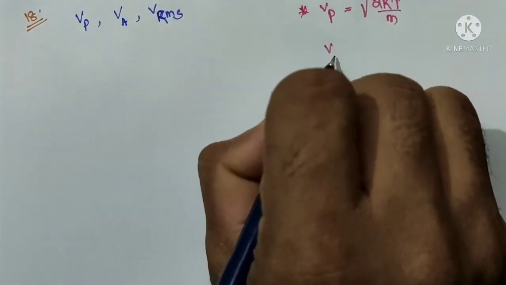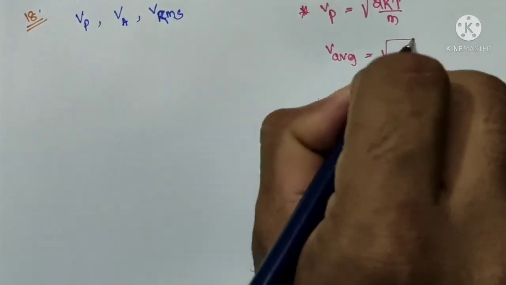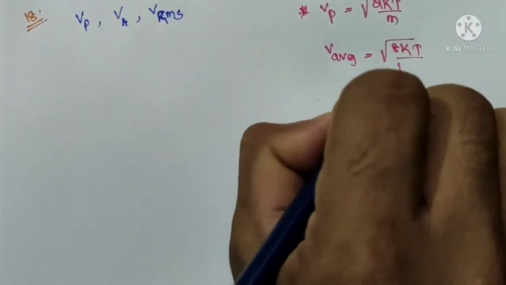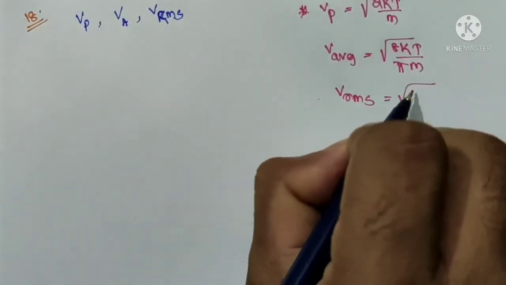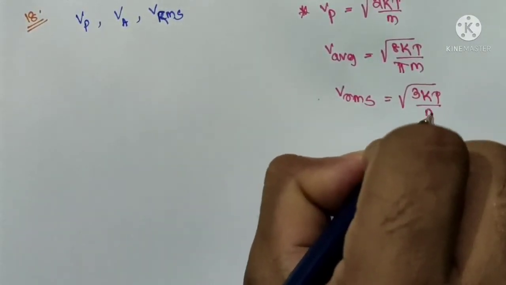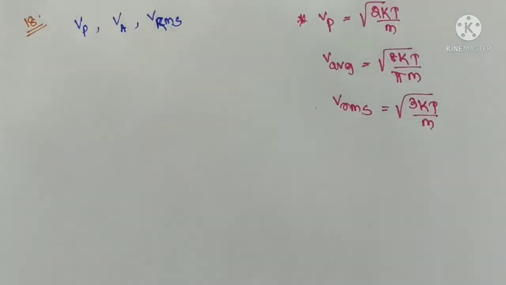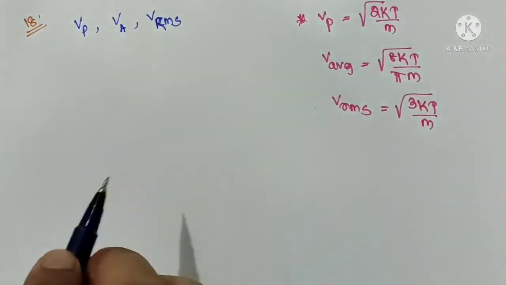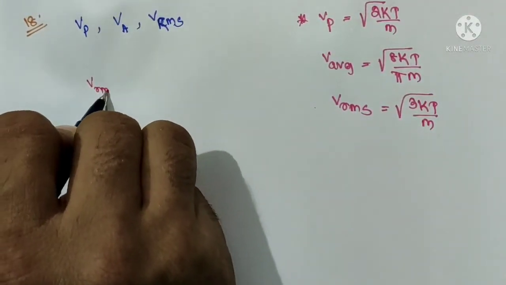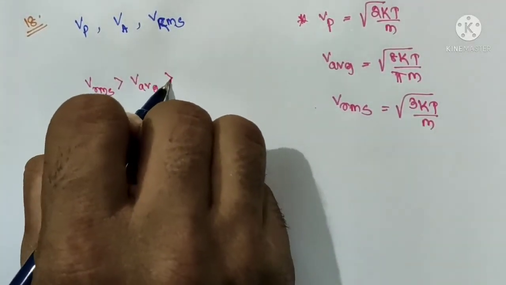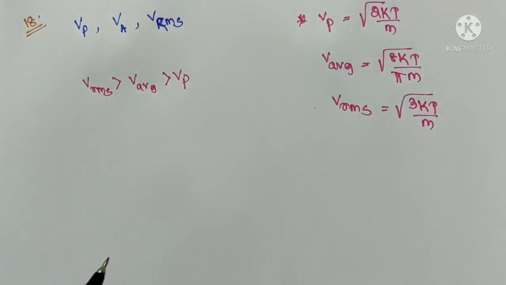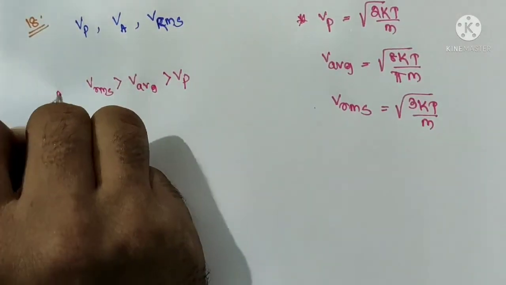Average speed is given by 8 kT by pi m, and RMS speed is given by square root under 3 kT by m. तो ठीक, so from here V RMS greater than V average greater than most probable speed. So your correct option is option A.